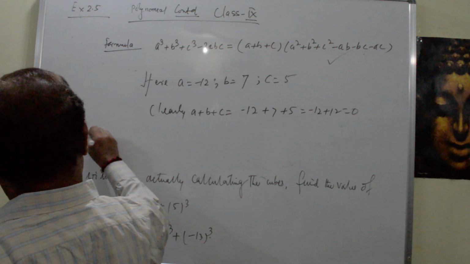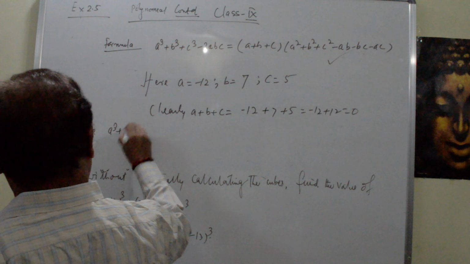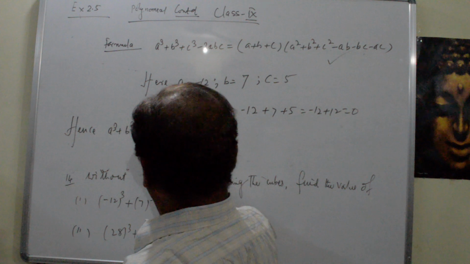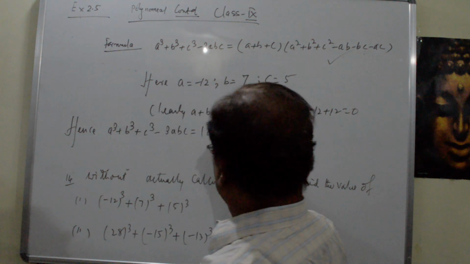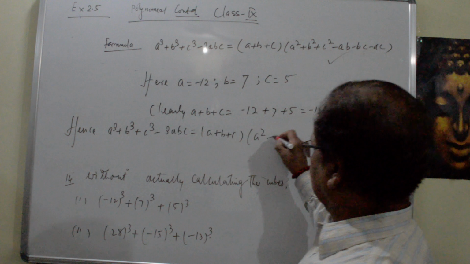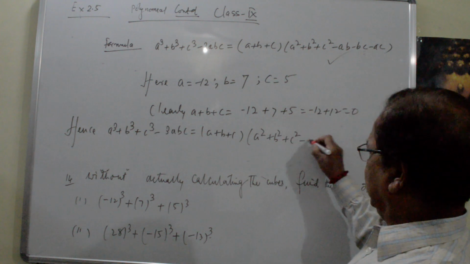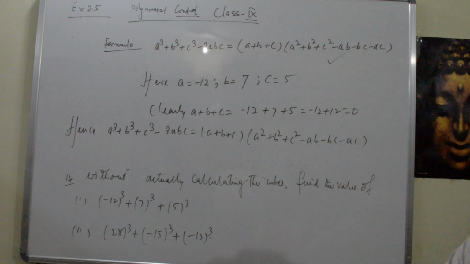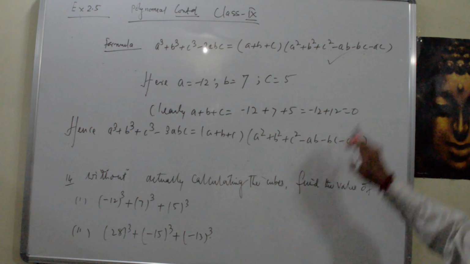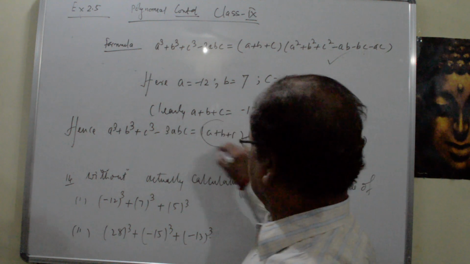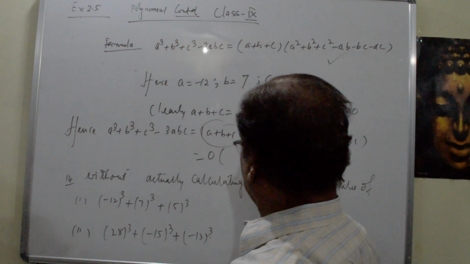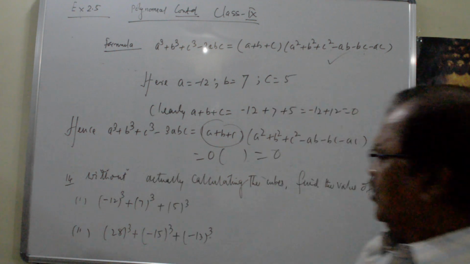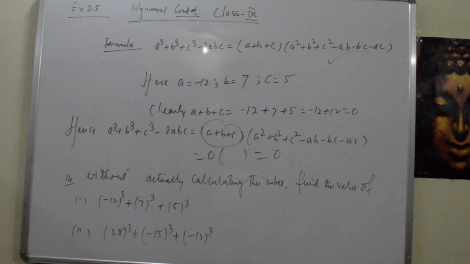Hence a cube plus b cube plus c cube minus 3abc is equal to a plus b plus c into a square plus b square plus c square minus ab minus bc minus ca. Now this is 0, so this whole part is 0, and 0 into anything is equal to 0. So a cube plus b cube plus c cube minus 3abc is equal to 0.